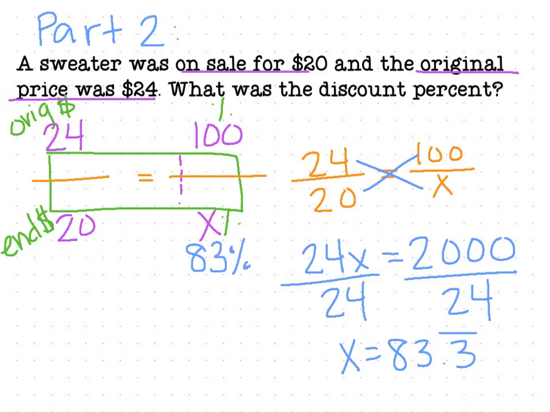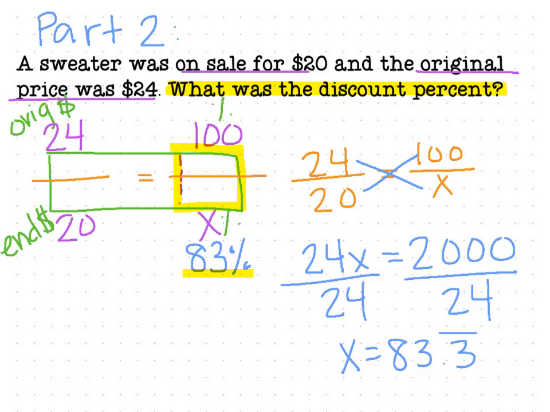But we need to be very careful. This question asks us for what was the discount percent. That 83% represents how much we paid. We need to figure out how much our item was discounted. So what we need to determine is what would go in our box. So we started with 100%, we did something, we took away our discount and ended up with 83.